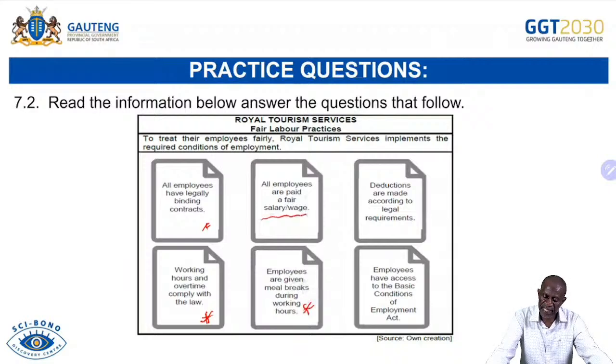Employees have access to the Basic Conditions of Employment Act. So you have access to go through the literature available that explains the conditions of employment, such that if you are not satisfied, you are allowed to engage with your employer.